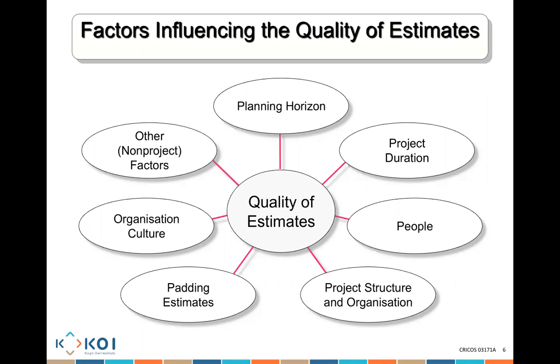They will get it done on time, but that means you're wasting a lot of time along the way. So the culture. Other factors: you might plan to deliver something within a week, and then there's coronavirus and everybody's staying at home for that week. Non-project factors, again, influence the quality of our estimates.